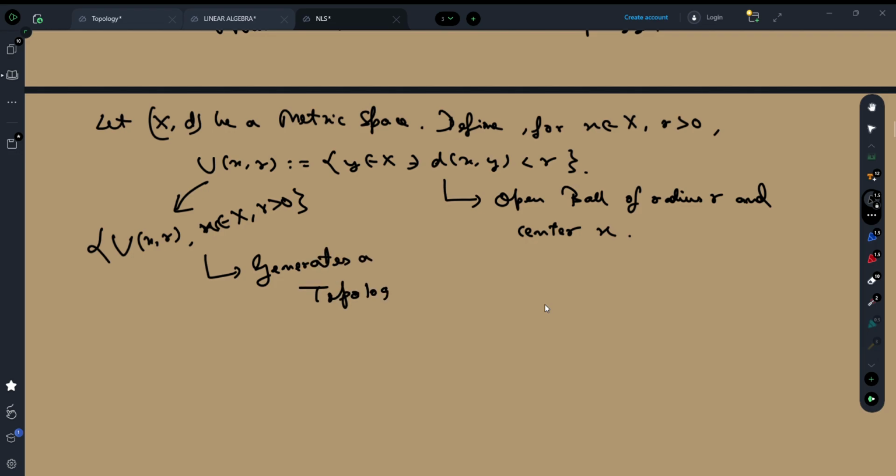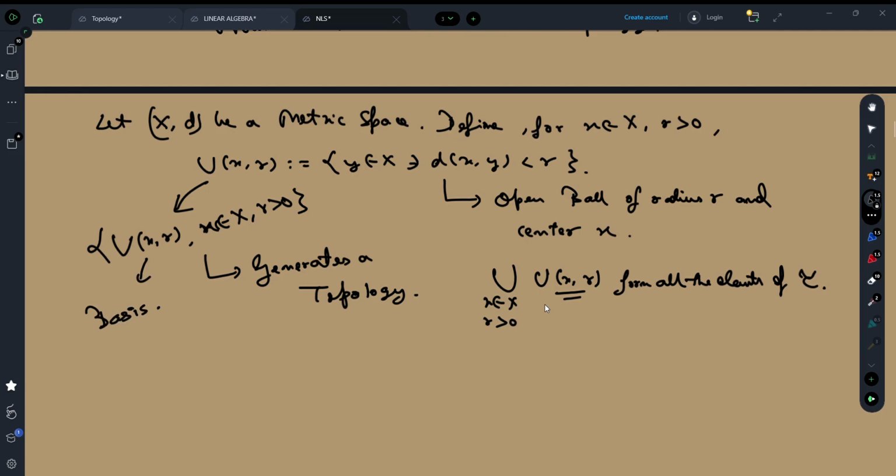Generates in the sense that the unions of all these elements form the elements of tau. So tau is precisely all possible unions of these elements. In terms of topology, this set is called the basis for the topology.